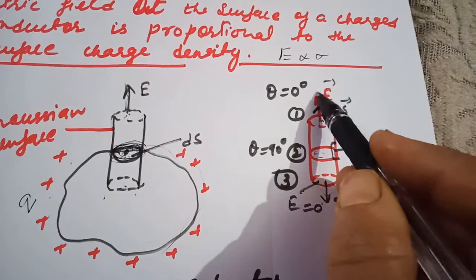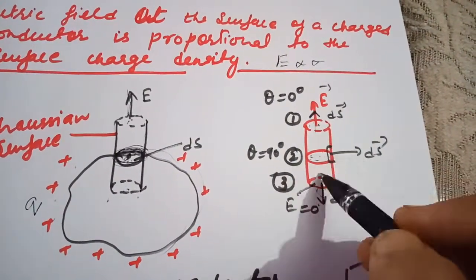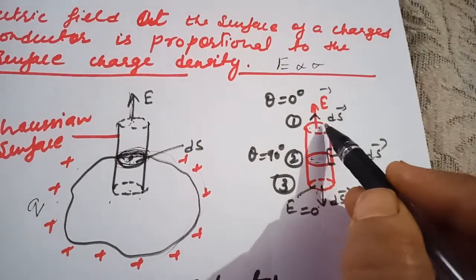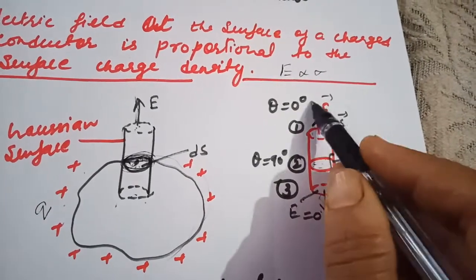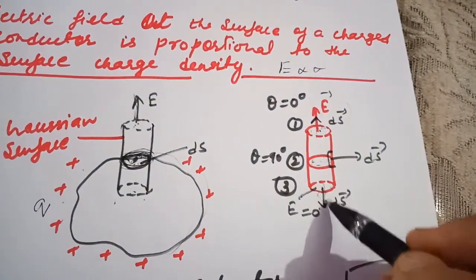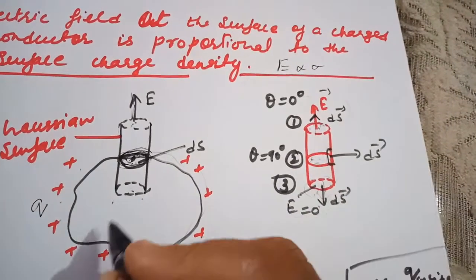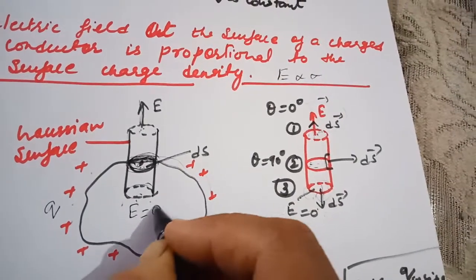So the electric field is perpendicular. Now see, these two are the plane surfaces and this is the curved surface. The small area of this plane surface is ds. Here it is along the direction of E, and this is the direction of the area vector for this plane surface. But we know that this point lies inside the surface where the electric field is 0.